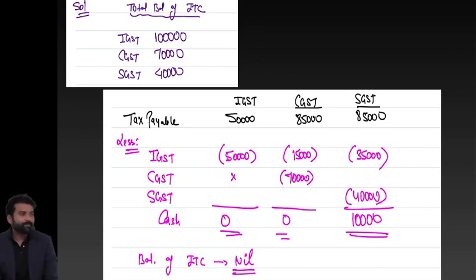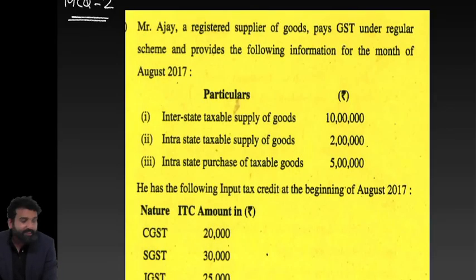Great. I have one more example for all of you, but this example should be your homework. Yeah, I am giving you homework. I am giving you a similar question for your homework. This question has similar data.